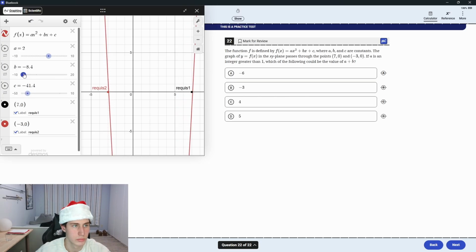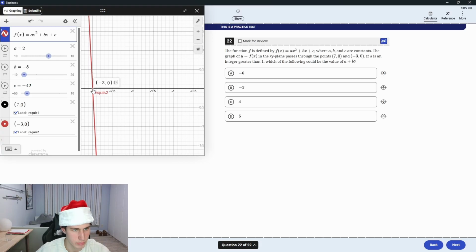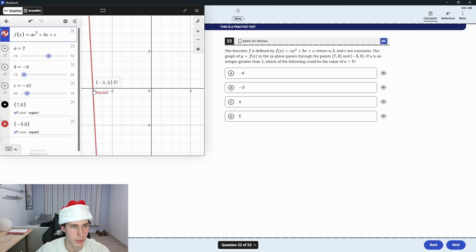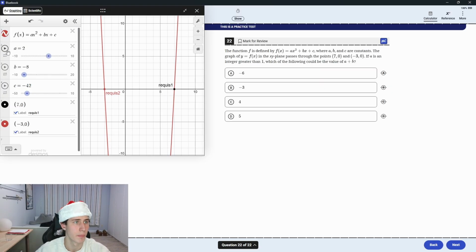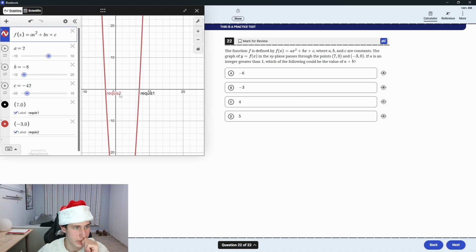Seems about, let's call that there. And that actually lines up really well. If you press on this, it shows you that here's a point, and here's another point. So, perfect. When we graph this, and we set a equal to 2, b equal to -8, and c equal to -42, we get a graph that lines up perfectly with our points.